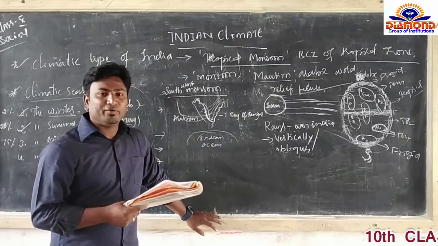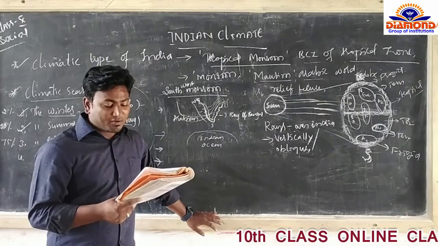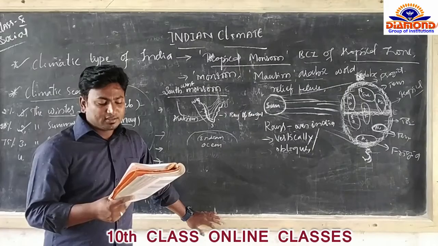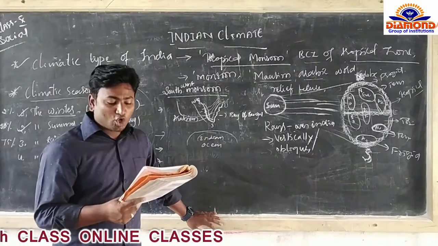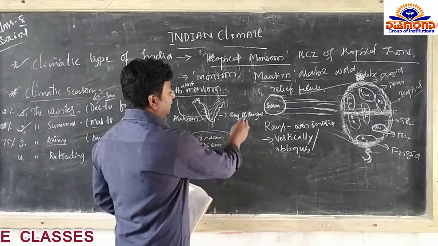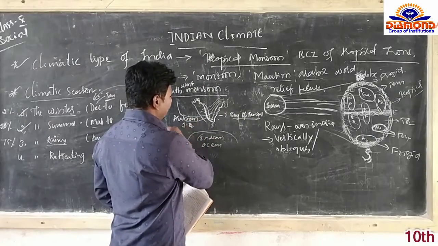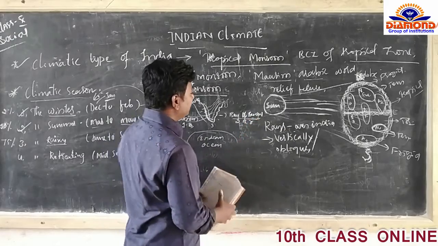When it comes to Assam, it receives the Bay of Bengal branch, which causes heavy rainfall. That is the second branch. This is the first branch of rain, and this is the second branch of rain.